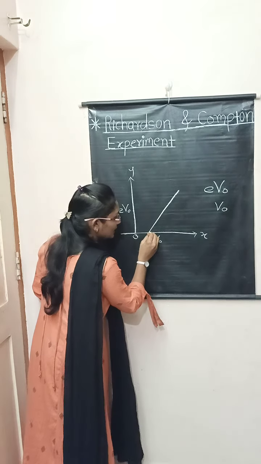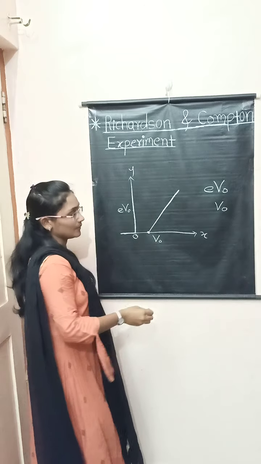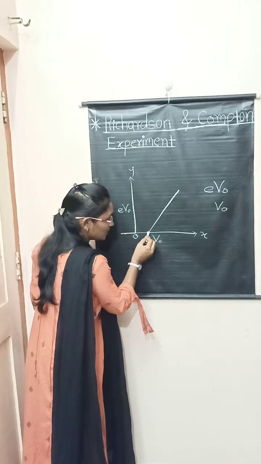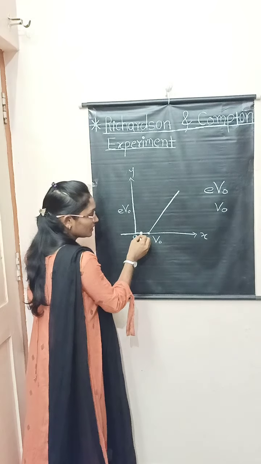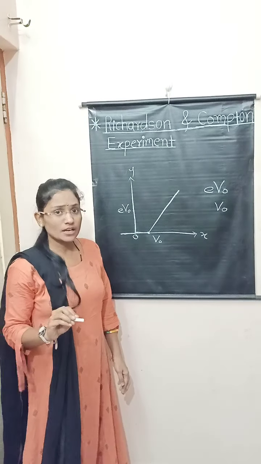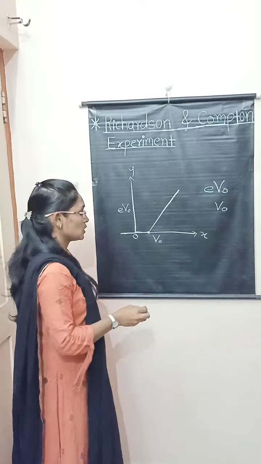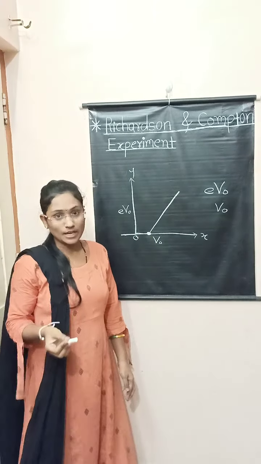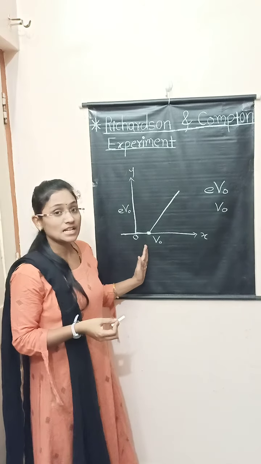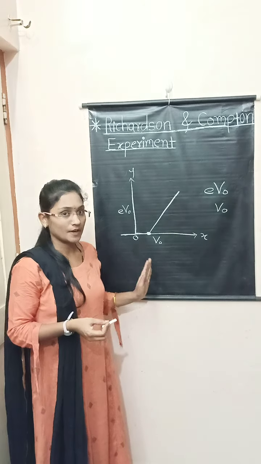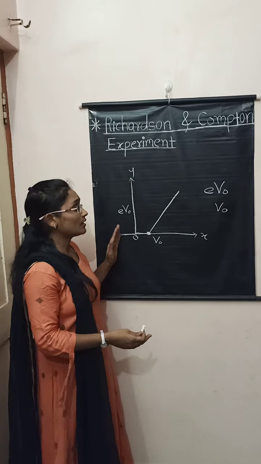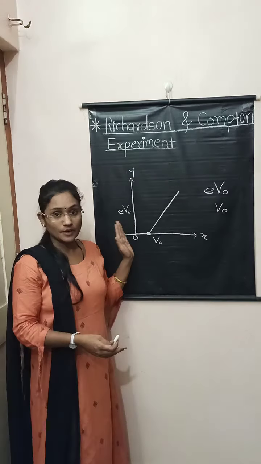So that minimum frequency required for photoelectric emission is known as the threshold frequency, and this linear graph represents the threshold frequency.